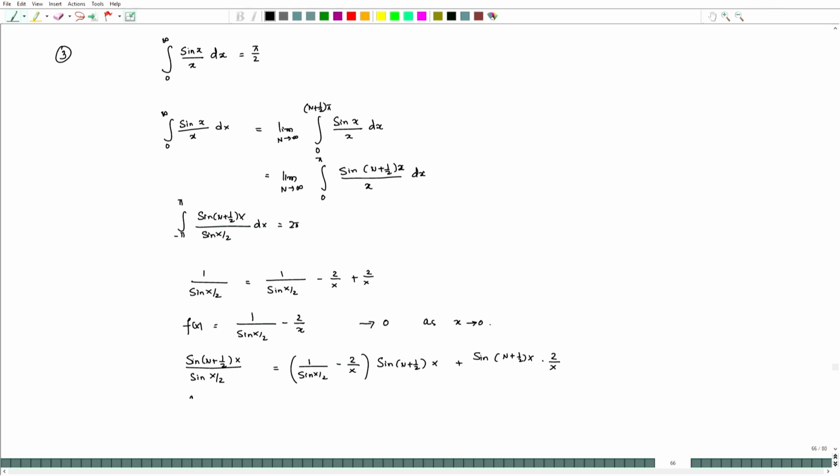So, if we look at the integral 0 to pi of sin (n plus half) x by x, this is equal to, taking the 1 by 2 factor out, the integral of sin (n plus half) x by sin x by 2, plus 1 by 2 into the integral 0 to pi of f of x times sin of (n plus 1 half) of 2x dx.